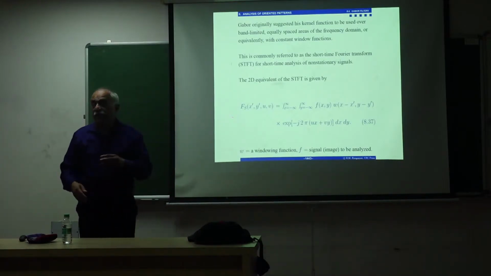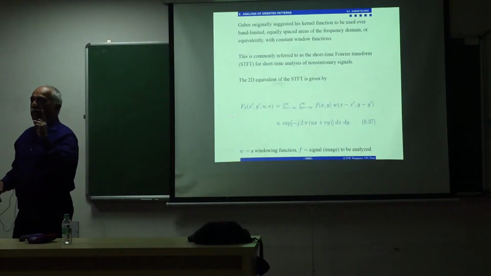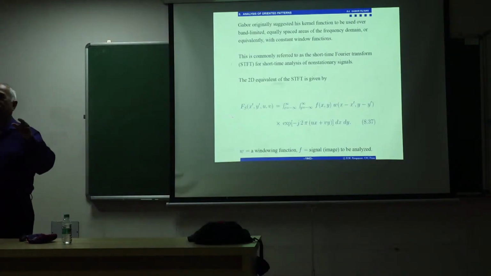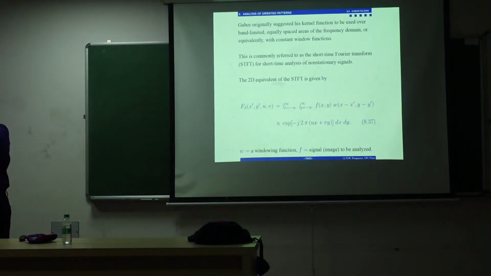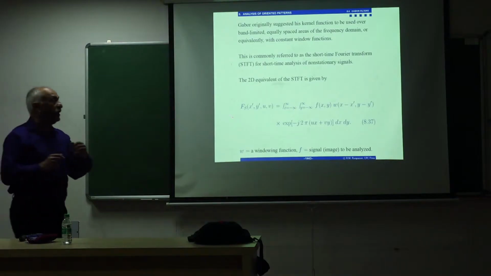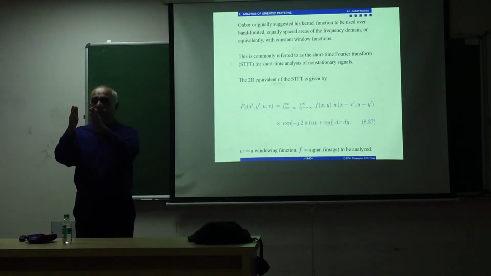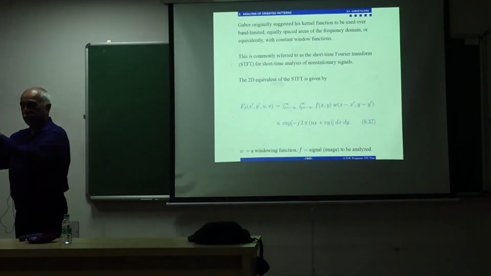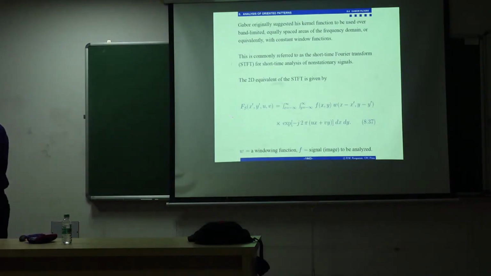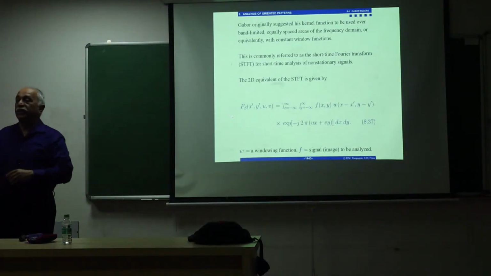So in the case of the 1D signal, if you take the whole Fourier transform, you get one spectrum. But if you take the short-time Fourier transform, you get as many Fourier spectra as the number of window positions to scan the signal. So it's a 2D function.